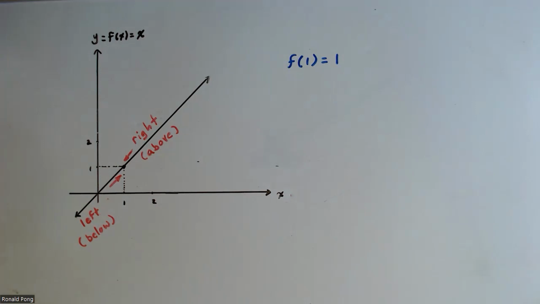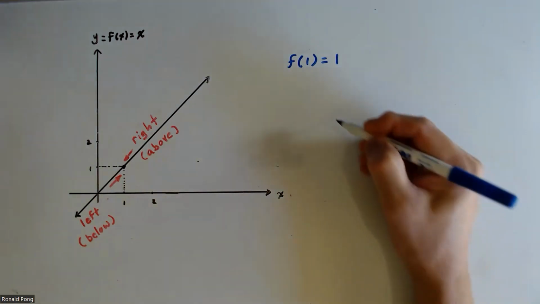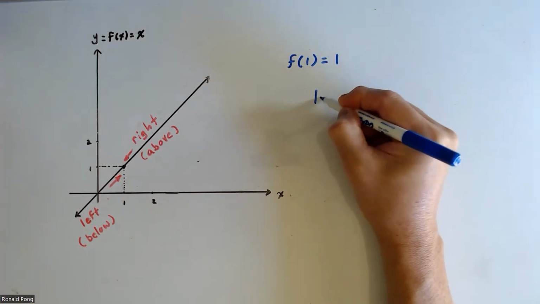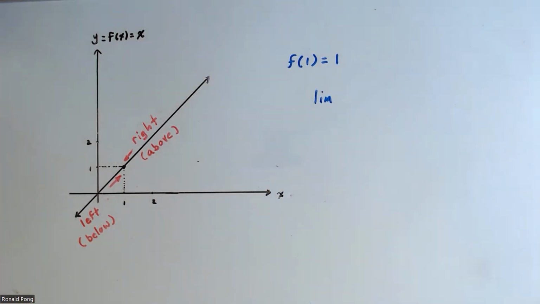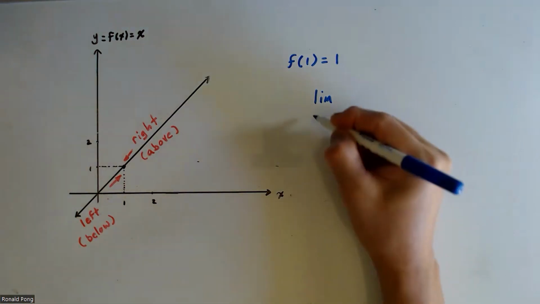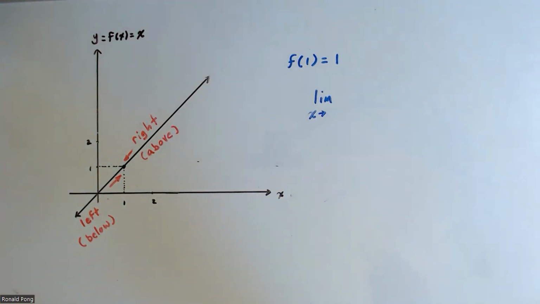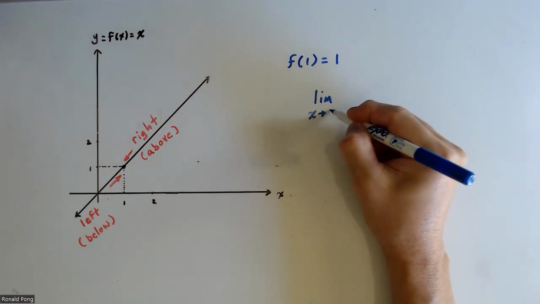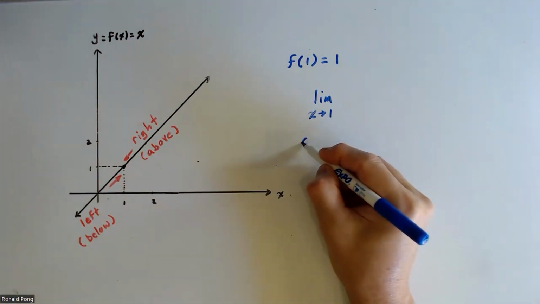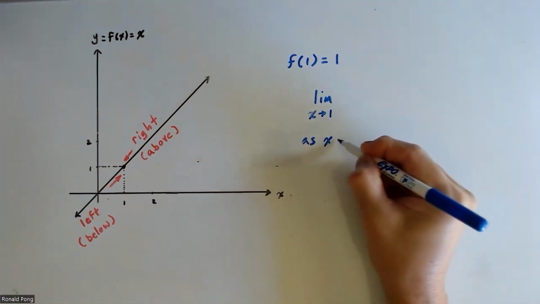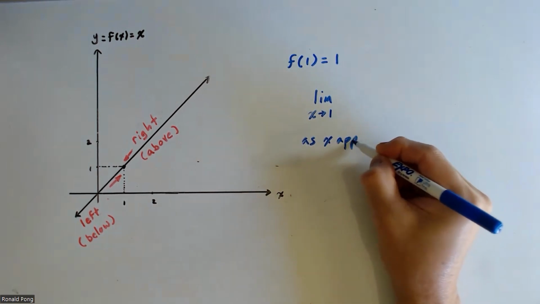And that approach can be from either side, from the left, also known as below, or from the right, known as above. The calculus notation we use to indicate the limit is the first 3 letters of the word limit, LIM. We write a little x and an arrow pointed toward the right to indicate the limit as x approaches 1.